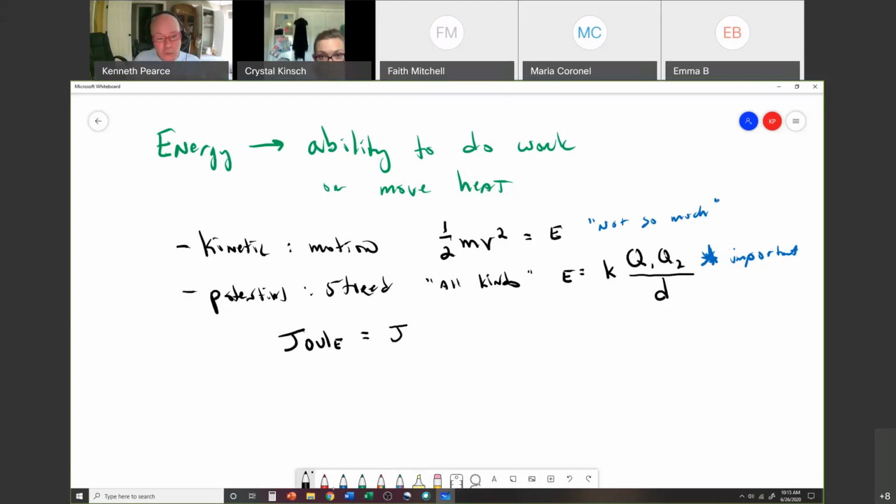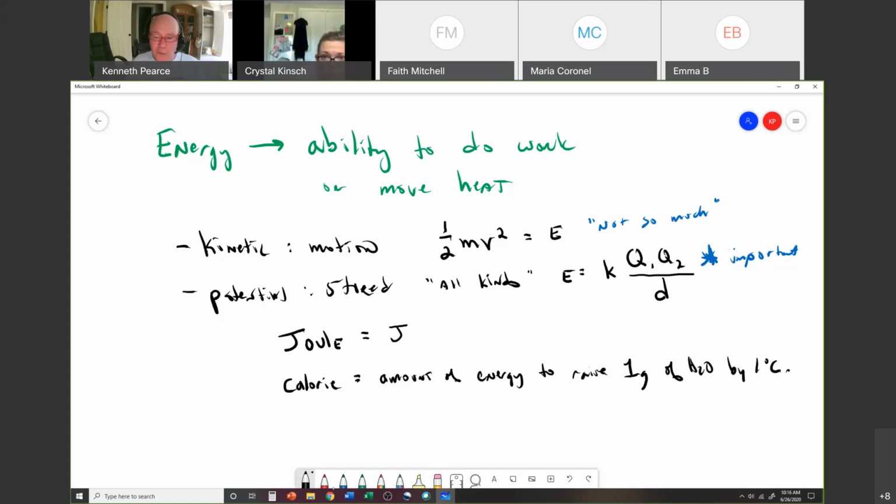Now, there's an older unit called the calorie. It's defined in terms of water. Okay, now the joule's defined in terms of SI units, kilograms and meters and acceleration. But a calorie is the amount of energy to raise 1 gram of water by 1 degree Celsius.